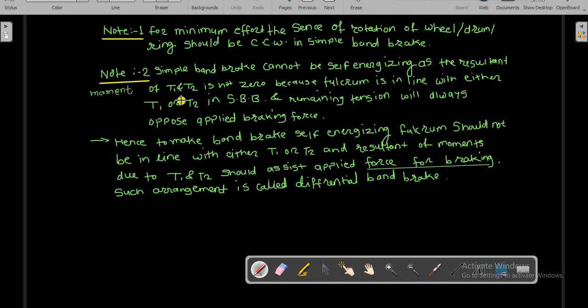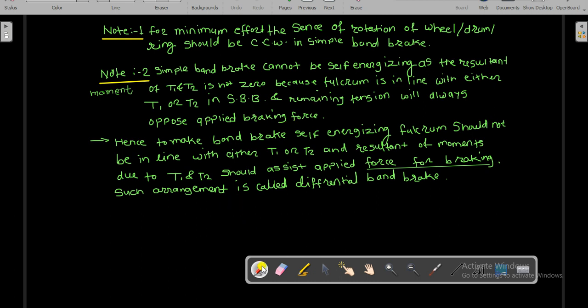So moment due to any one tension becomes 0 and the other remains, and the moment due to that remaining tension will always oppose the applied braking force.